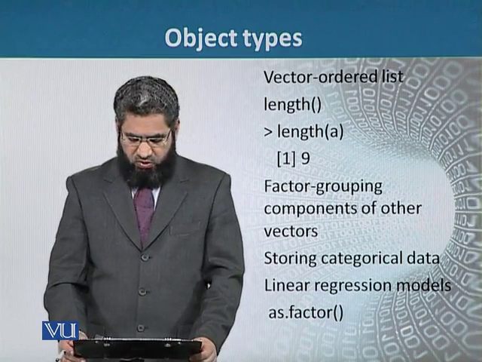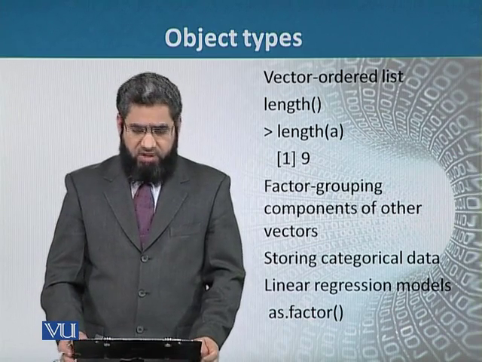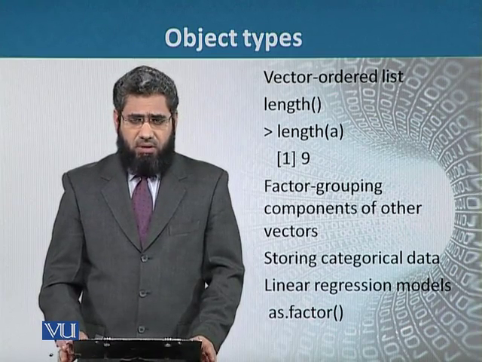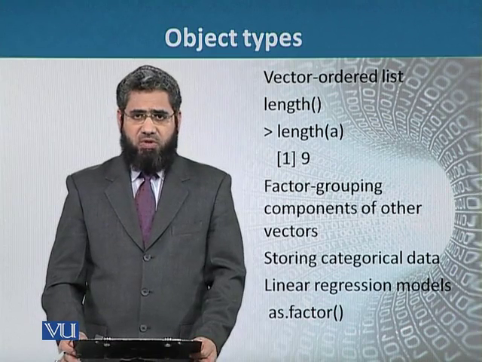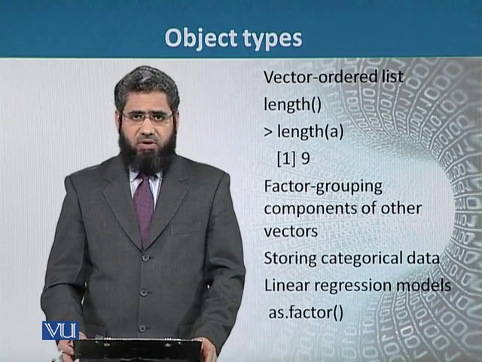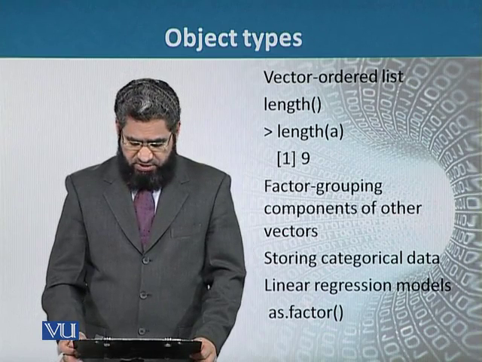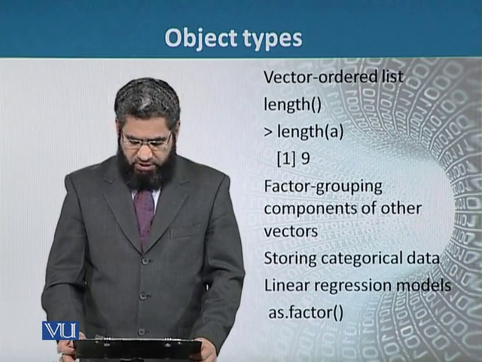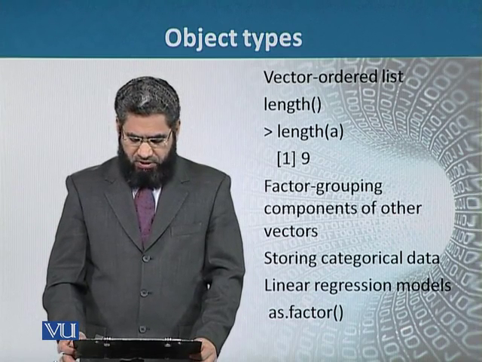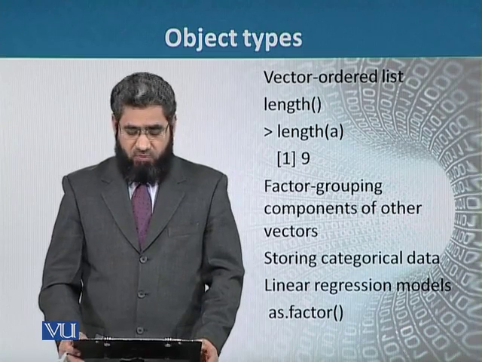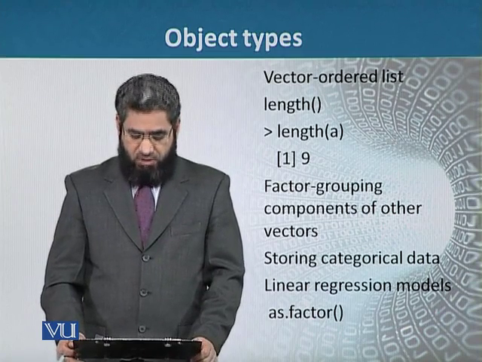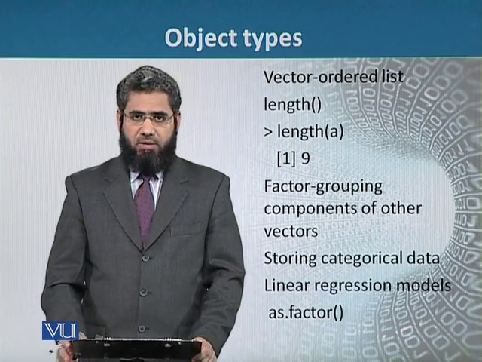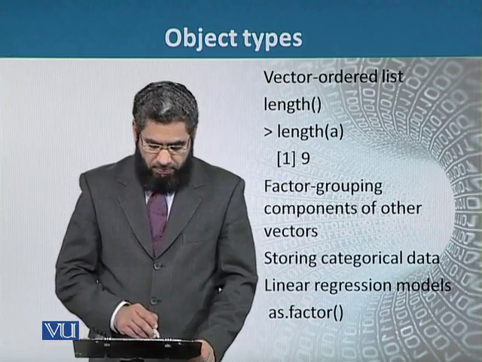This can be used for sorting, and a factor is basically a statistical method, and it can be used for linear regression in statistics. These factors store categorical data and can be used in linear regression models. And the command used is as.factor() with parentheses.